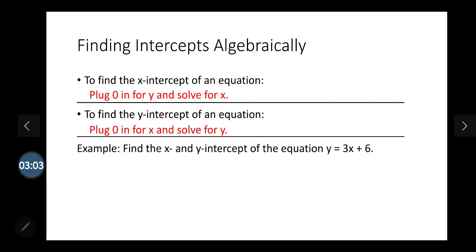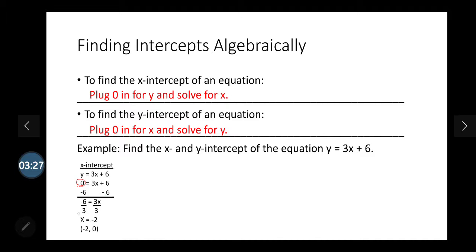So for example, it says find the x and y-intercept of the equation y equals 3x plus 6. So, to find the x-intercept, I'm going to plug in 0 for y. And when I do that, I'm left with 0 equals 3x plus 6.